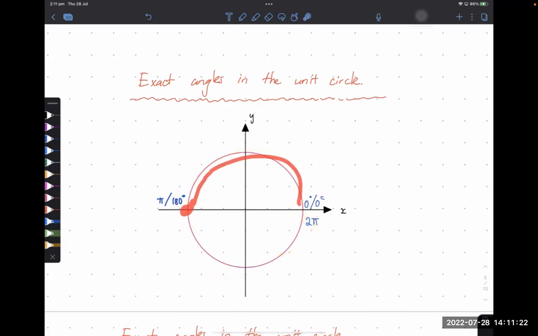Okay, so 3 pi is here. 4 pi and 5 pi. It would be located on the left side. Okay, so here would be 5 pi as well. I can rotate in the negative direction as well. So where would negative 3 pi be located? On the left or on the right?